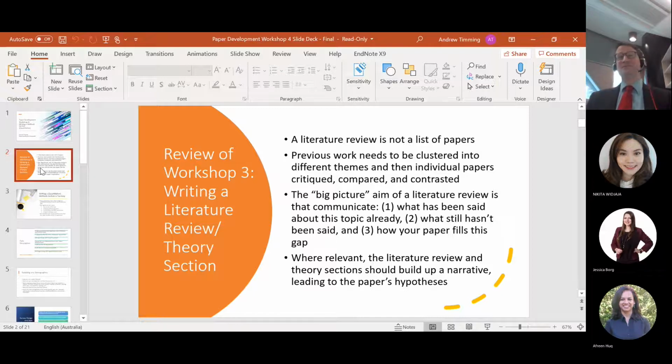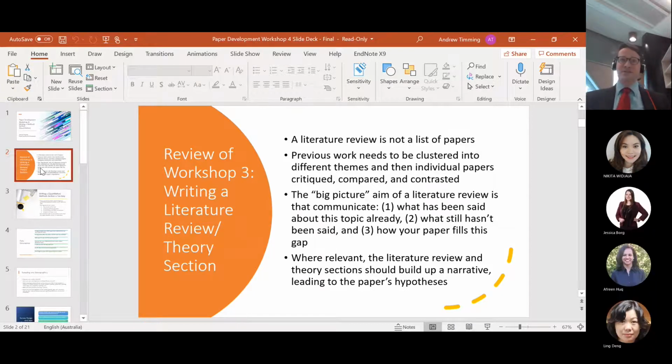Secondly, on the basis of one, you would then move on to identify what still hasn't been said, because believe it or not, in spite of the exponential growth in academic literature over the last couple decades, there are still many things we don't understand. And then lastly, at the very end of your literature review, you would then move on to discuss how your particular paper fills that gap, right? That how your particular paper identifies what the lacunae are in the literature.